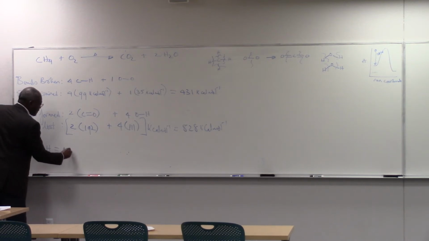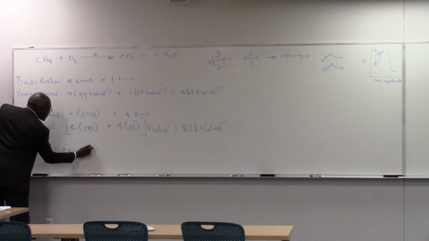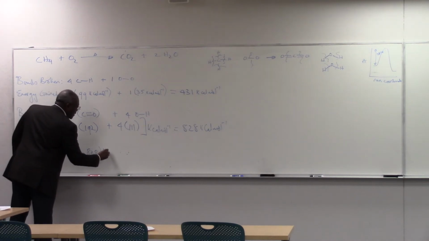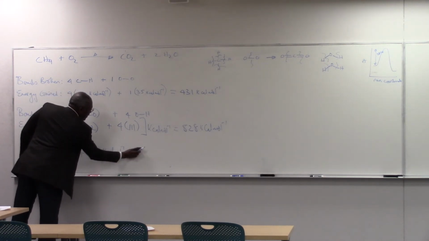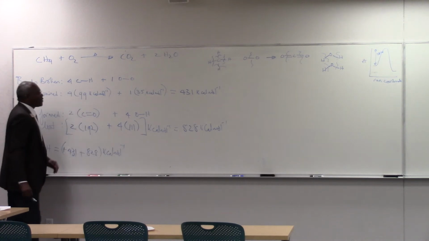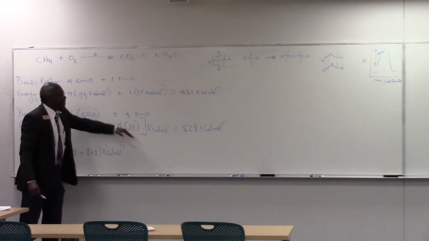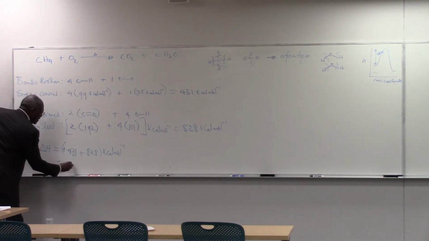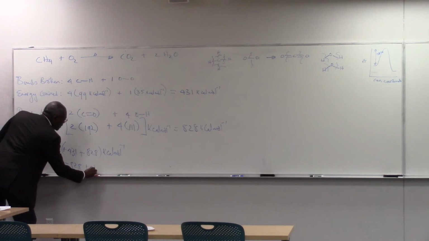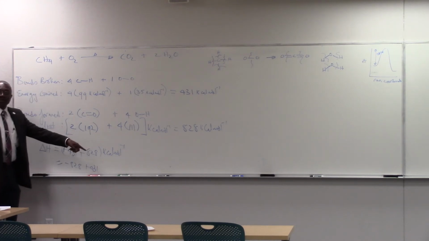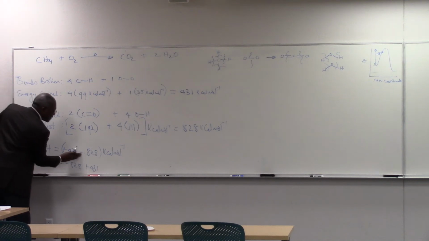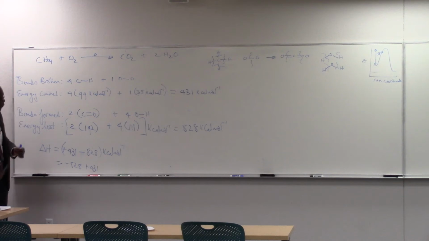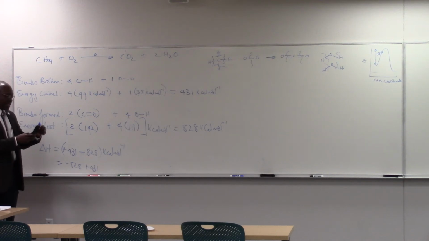Okay? My delta H then is the sum of these two numbers, recognizing that energy gained is positive and energy lost is negative. Now, the nice thing with this approach is that it doesn't matter whether you say it is this followed by that or that followed by this. If I write it as minus 828 plus 431, I'll get the same number, right? And the same sign. So the delta H is simply the sum of the two numbers, recognizing that one number is positive and the other one is negative.